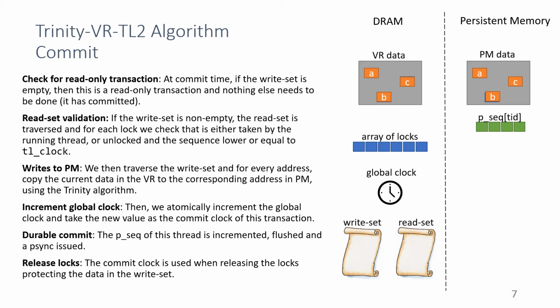We then increment the global clock, we do the durable commit using the Trinity protocol, and then we release the locks. The important point here is that first we do the durable commit, and only then we make the transaction visible to other threads. So durability first while grabbing all the locks, and then we release the locks.